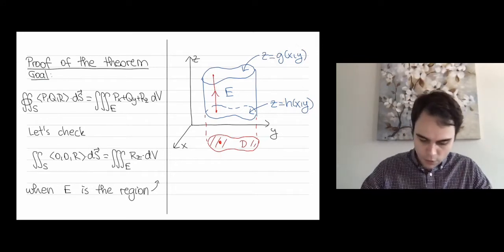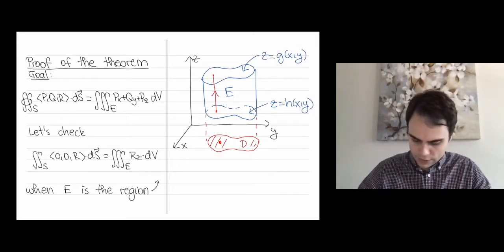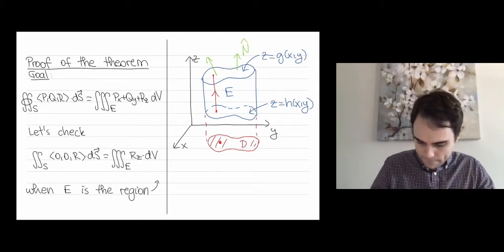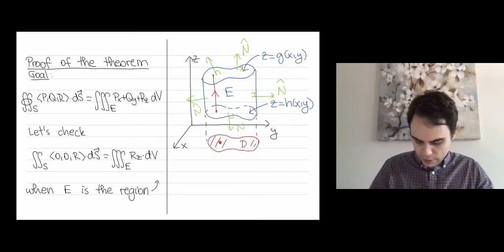Also, let's just draw the normals here. So here the normal could be changing, but it's going to look something like this. Finally, there is the last normal here at the bottom.